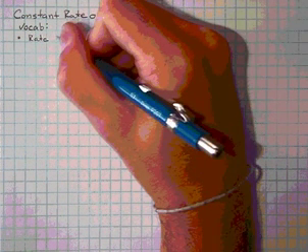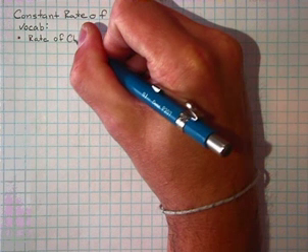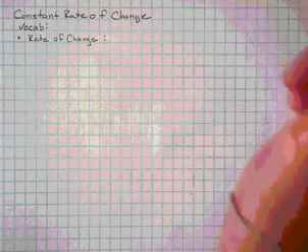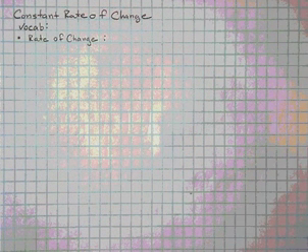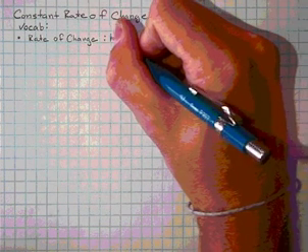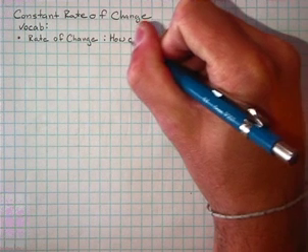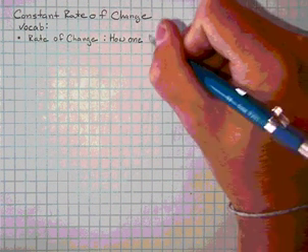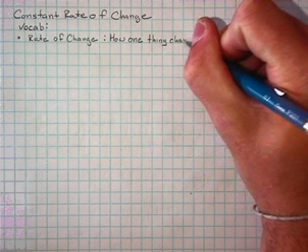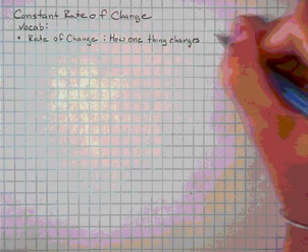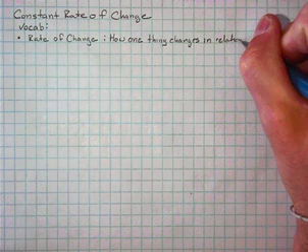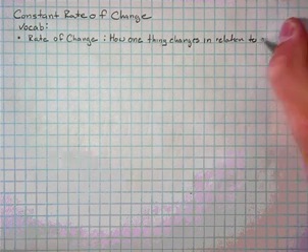So rate of change. All right, so rate of change is how one thing changes in relation to another.